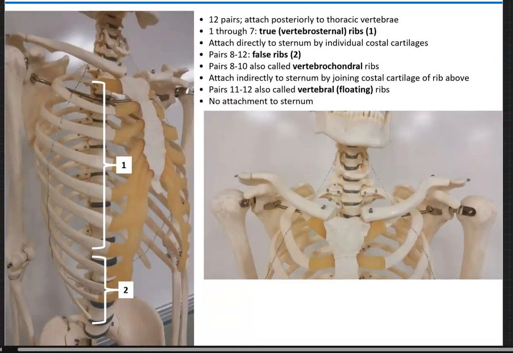Okay, so let's talk about ribs. There are 12 pairs of ribs. Males and females have the same number of ribs, regardless of what Genesis tells us.